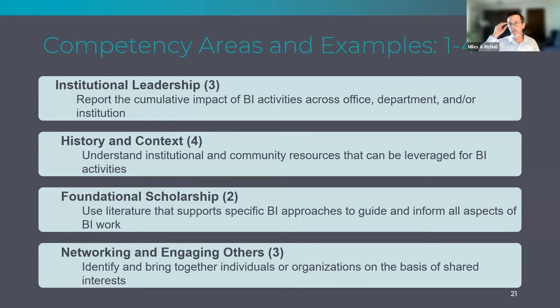Now, I could go through this list of 11 areas and give you an example of each, but I think that's boring. And so what I suggest you do is go to the conference platform and download the set of draft competencies, which are just below where you see our names and the session description.